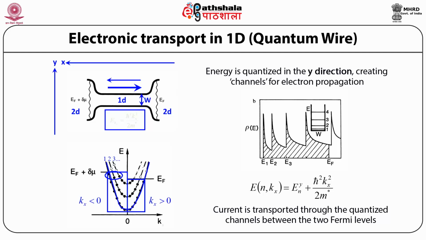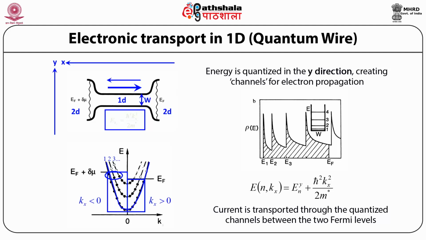According to Ohm's law, the resistance R is related to the cross-sectional area A and the length L by the relation R is equal to rho L by A. So students, this figure shows the schematic of the current conduction through a conductor in the different dimensions. That is, in 3D, the length of the conductor is more than the inelastic mean free path L phi. Hence, the conduction is diffusive.